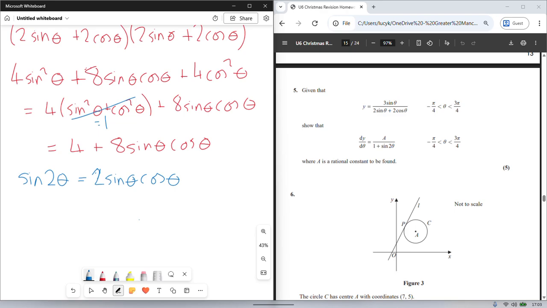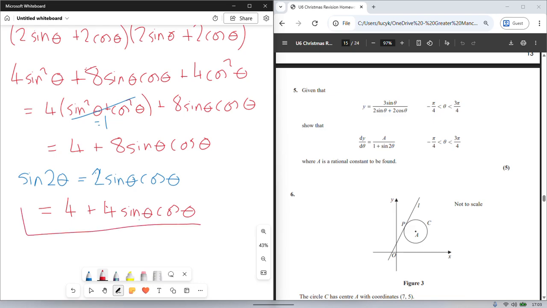So if we multiply both of these by 4, 8 sine theta cos theta would come to 4 sine 2 theta. So I can now rewrite that as 4 plus 4 sine theta cos theta.